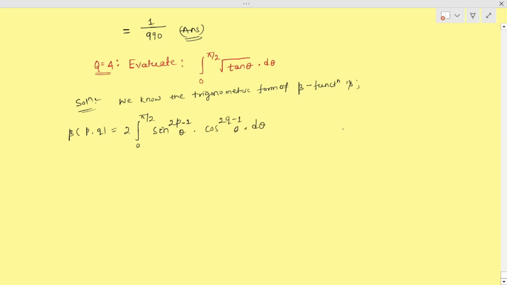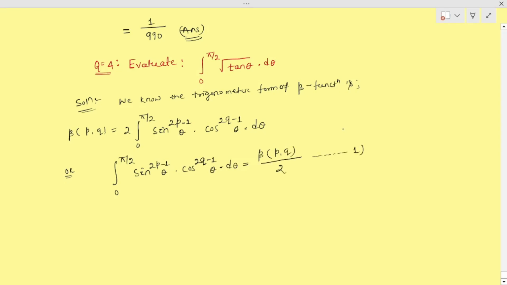Or this can be written as integral from 0 to pi by 2 of sine to the power 2p minus 1 theta into cos to the power 2q minus 1 theta d theta equals beta pq by 2.